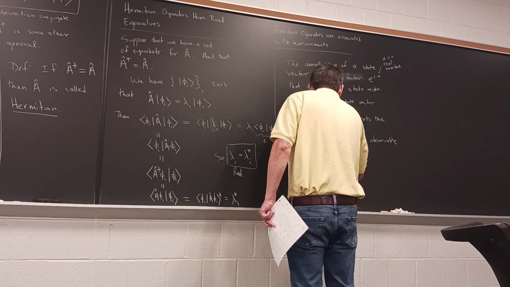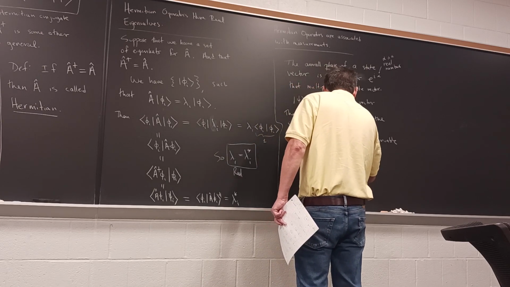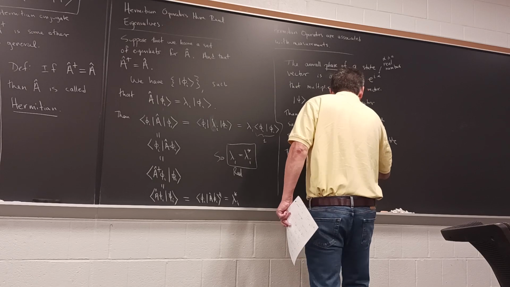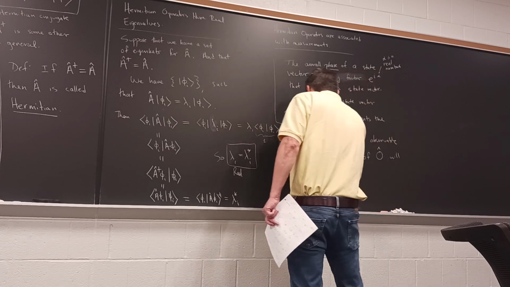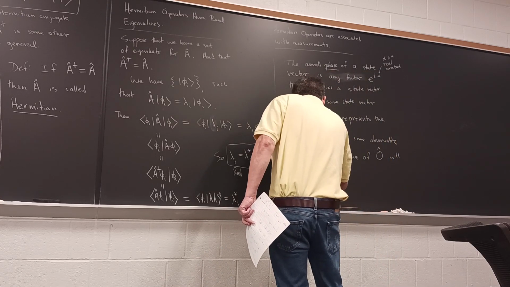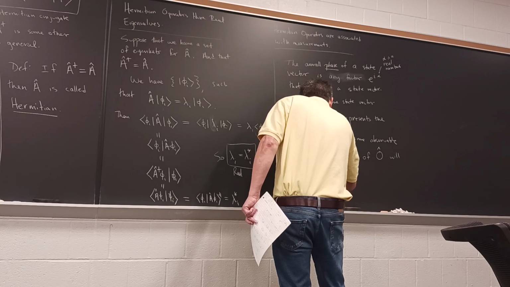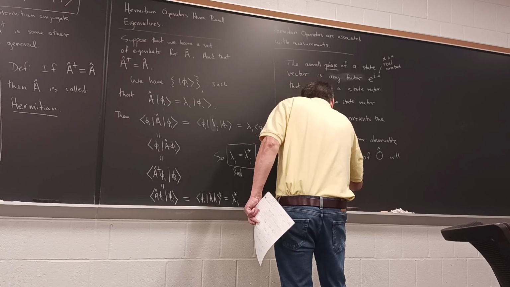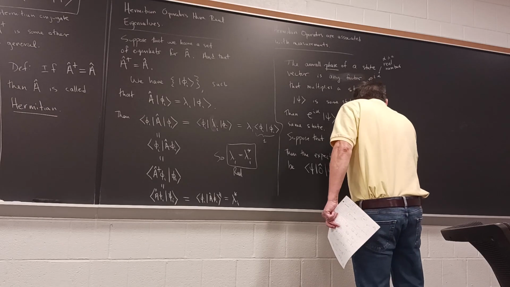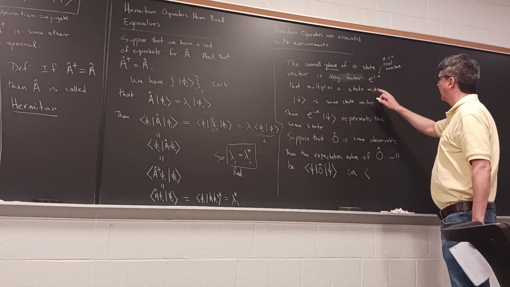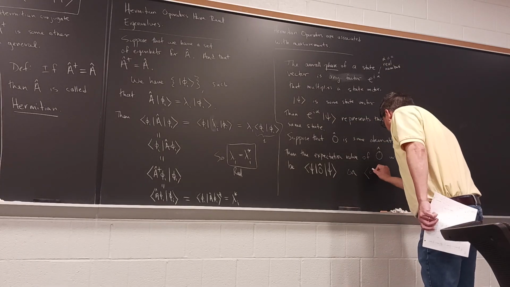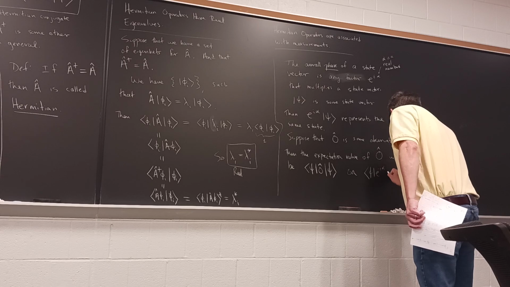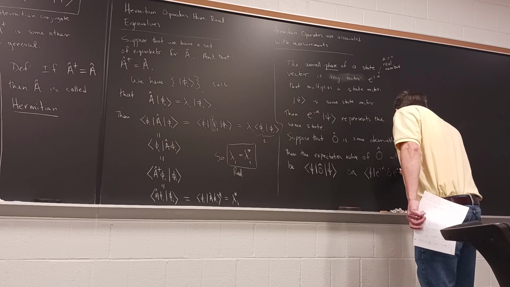Then the expectation value of O will be psi O hat psi, or if I have this state vector with the e to the I alpha, a phase, in front of it, that will be psi e to the minus I alpha O hat e to the plus I alpha psi.